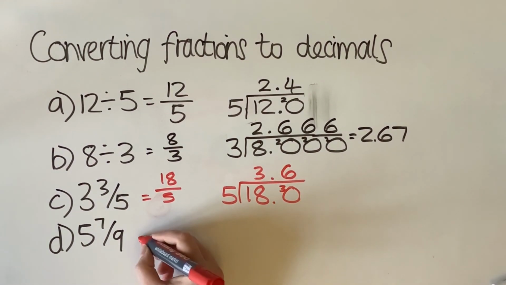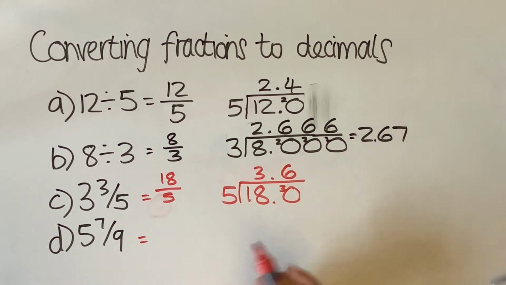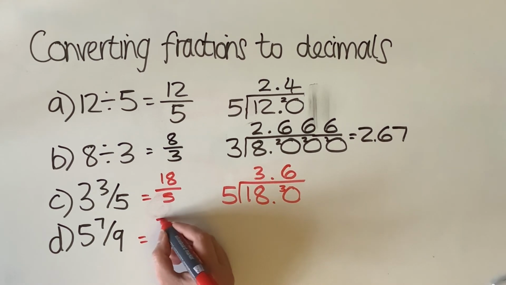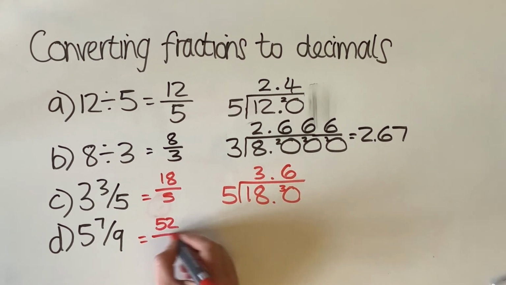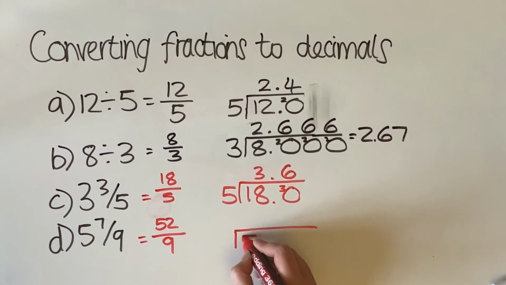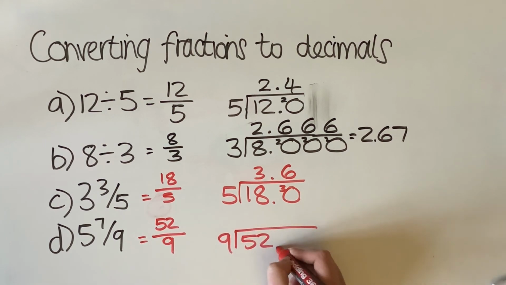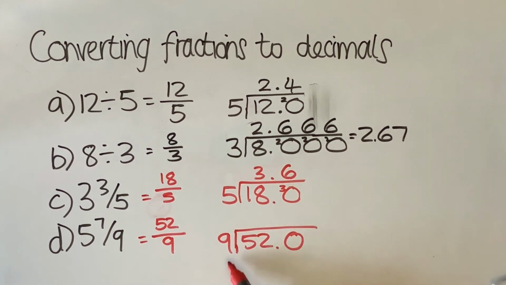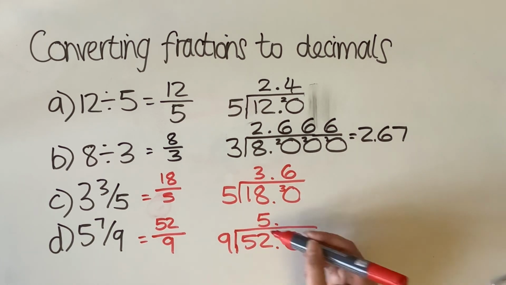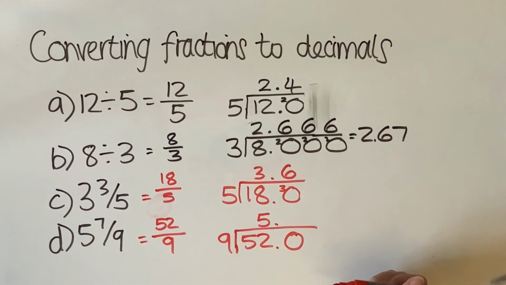And then 5 and 7/9. 5 times 9 is 45, add on 7 is 52 over 9. Then dividing that again, 52 divided by 9. How many 9s go into 52? There would be 5 of them, because 5 times 9 is 45.